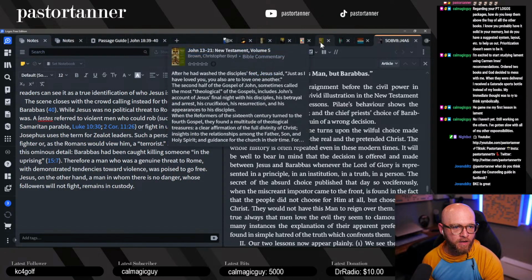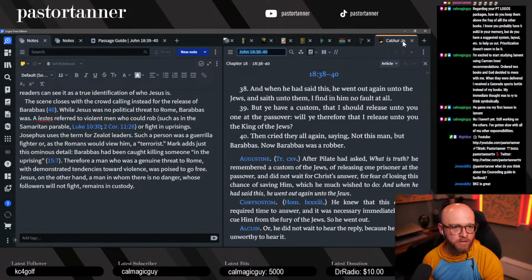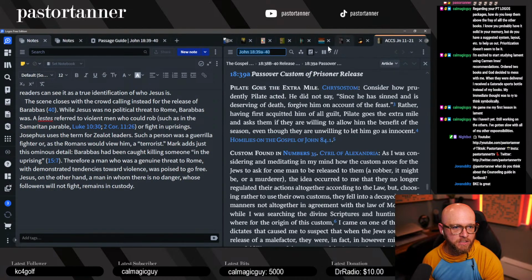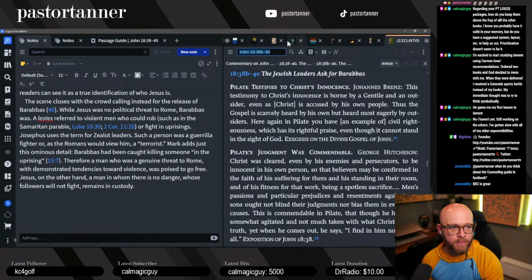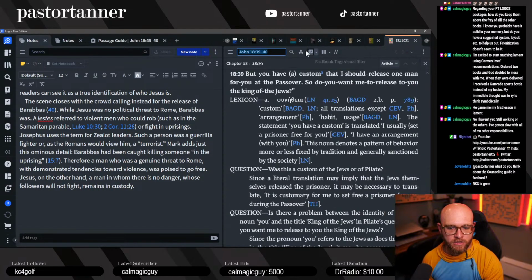Then we have our Catena collation. Then we have the ACCS. Then we'll take the RCS. Then, after our collations are done, we will go with the exegetical summaries.